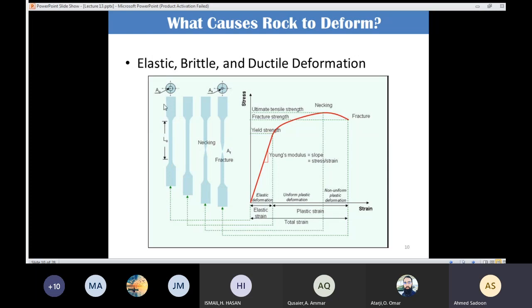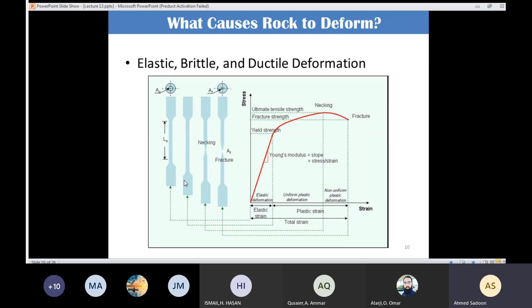I'm going to stretch that rod from that direction and that direction, which means I'm applying tensional stress. As a result, like I said, when we apply stress, we are going to have strain. The strain here is in the form of an increase in length. So the length in the direction of the force is going to be longer, like you can see here.